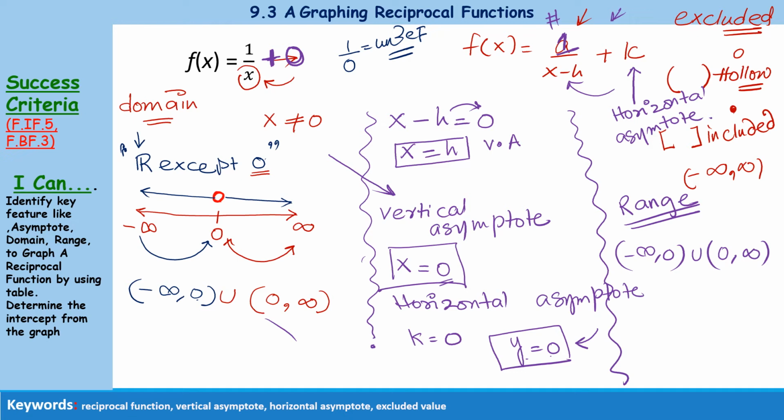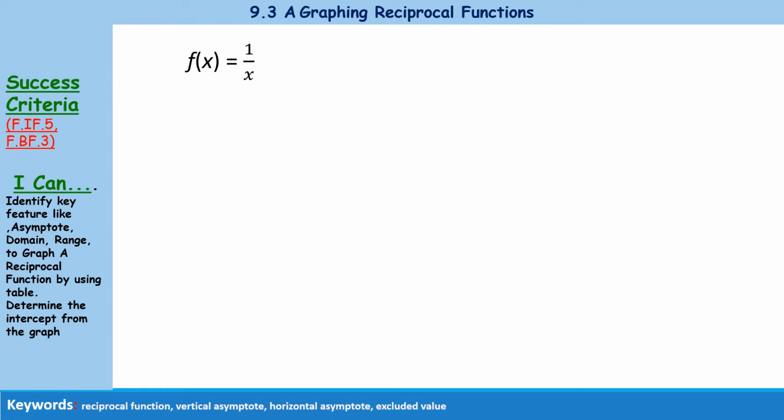Now we have two more key features, that are X-intercept and Y-intercept. So let's see how we can determine the X-intercept and Y-intercept. In order to find the X-intercept, what is meant by X-intercept?